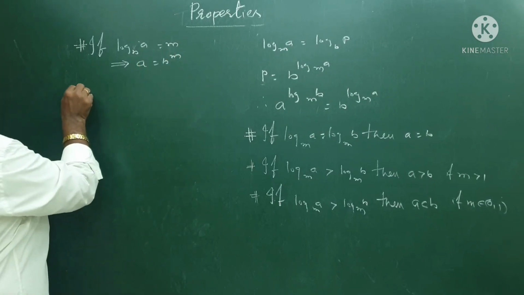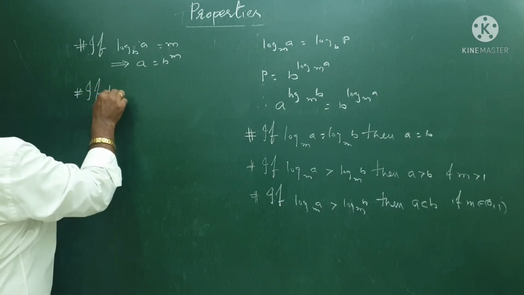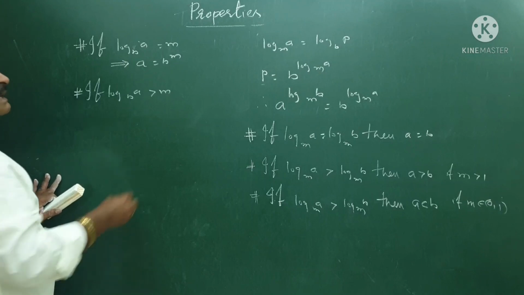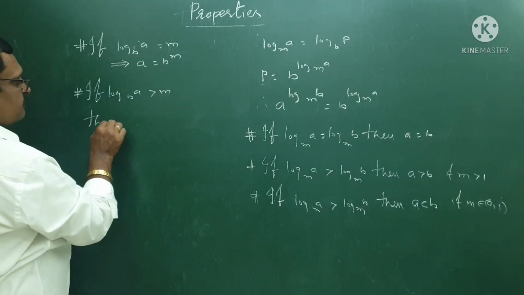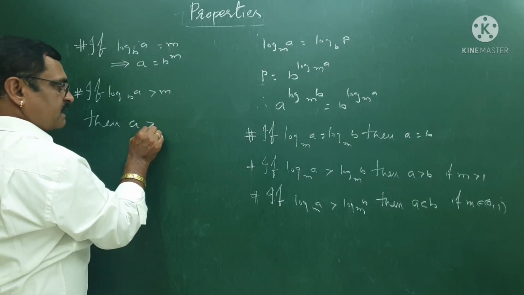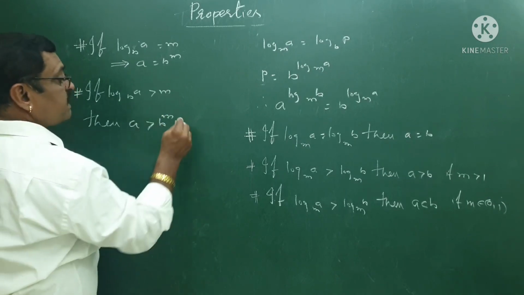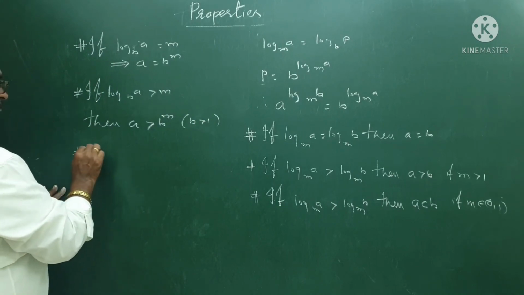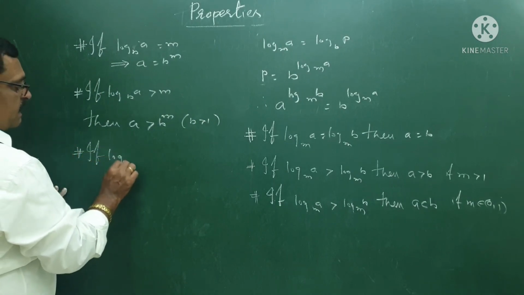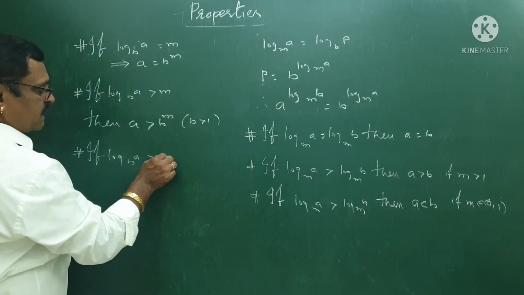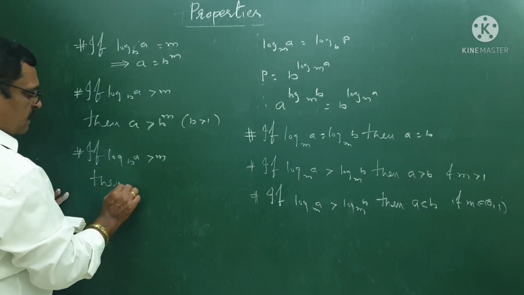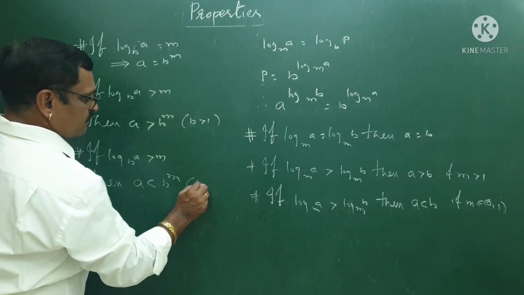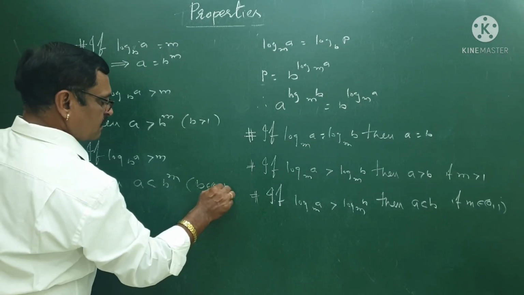In the same way, if log a base b is greater than m, then a is greater than b power m, provided b is greater than 1. Same thing, if log a base b is greater than m, then a is less than b power m, provided b belongs to 0 to 1.